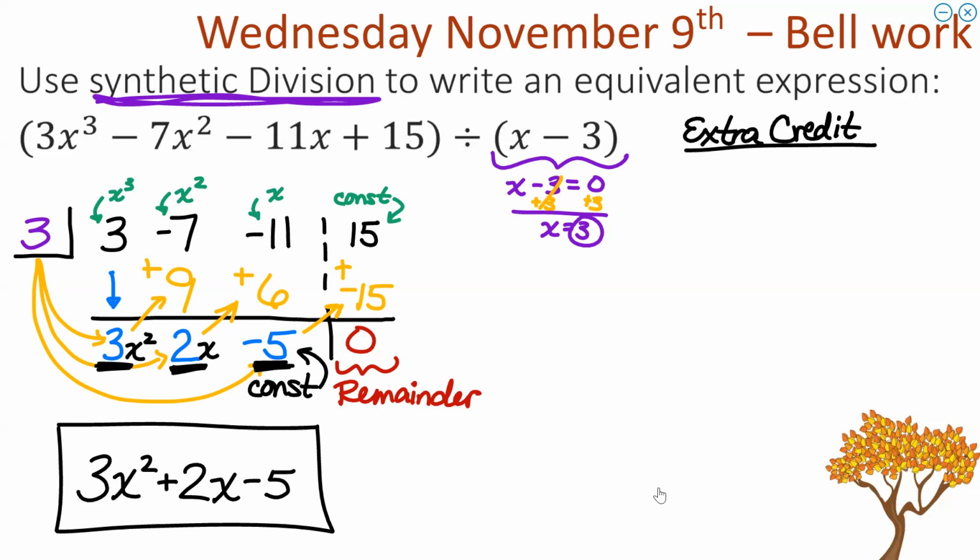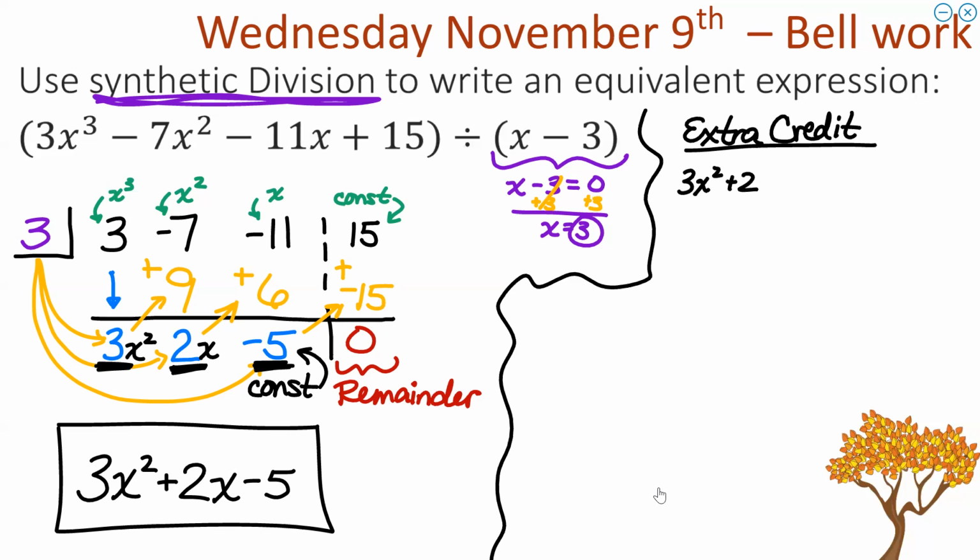You get full points. You don't lose any points. It's not like you missed doing something. But if you take it an extra step, I will give you extra credit for that. So if I take 3x squared plus 2x minus 5, and I decide I'm going to go after those extra points, I need an area model, a box, and I'm going to need an x.